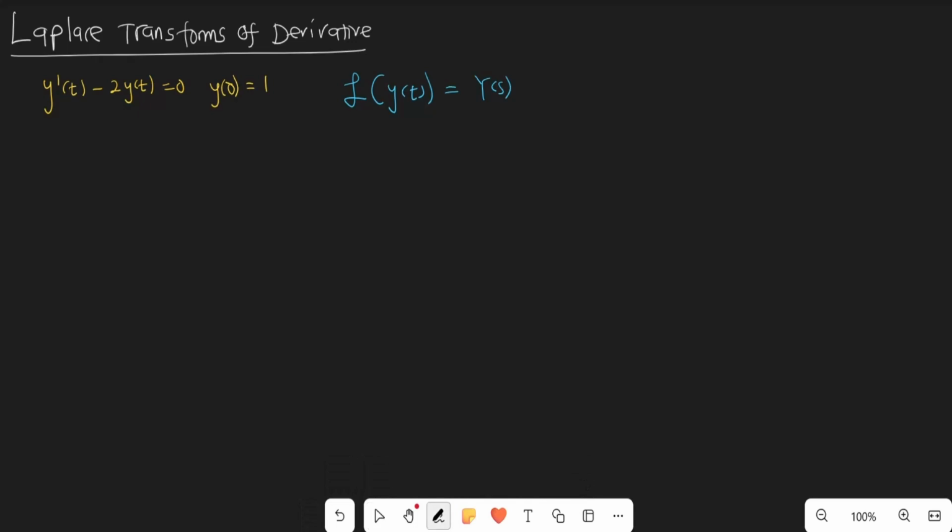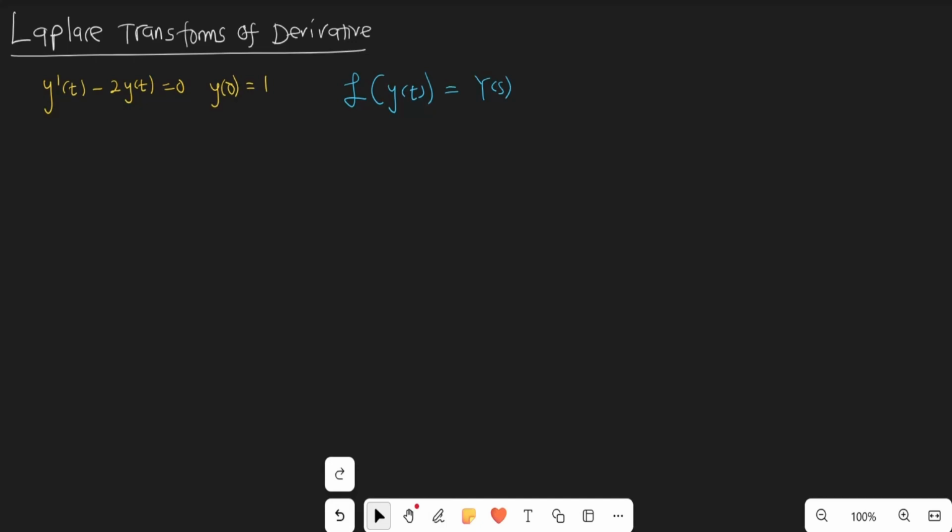The main idea of doing this is to be able to use Laplace transforms as an alternative to solving differential equations with initial value conditions.